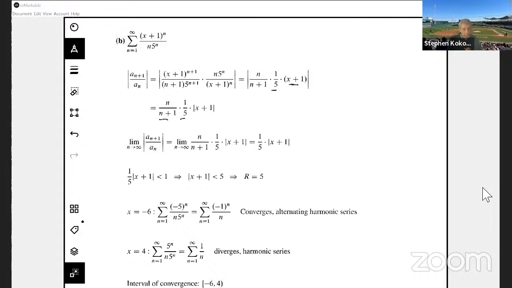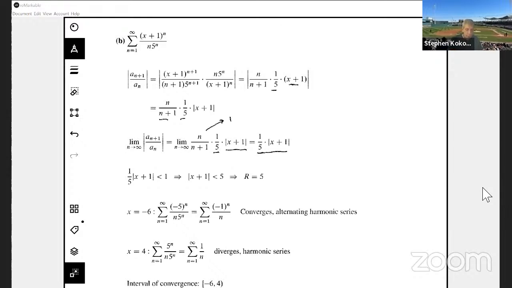And now I'm ready to take a look at the limit as n goes off to infinity. Once again, these two terms are constant as n increases without bound. And this one, for a similar reason, goes to 1. I can divide both the top and the bottom by n and see that that goes to 1. And so I'm left with this as the limit.